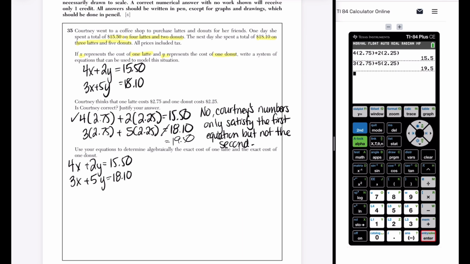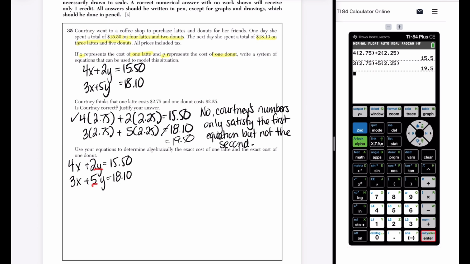Do you want to use substitution? Do you want to use graphing? In this case, what I would like to do is elimination. I'm looking at these for a second, and I don't see a lot of things I can eliminate. Here I have a 4, and here I have a 3. And here I have a 2, and here I have a 5.